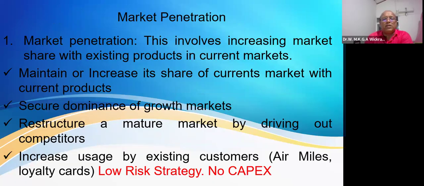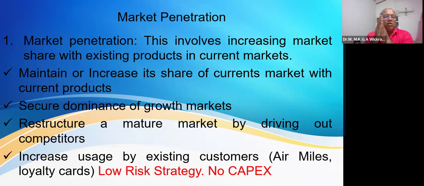Again, I have given a little bit detailed market penetration. You can read. Maintain or increase its share of the current market with current products. So if you are dominating in a market, you can secure it, because you may be the pioneer in that market.